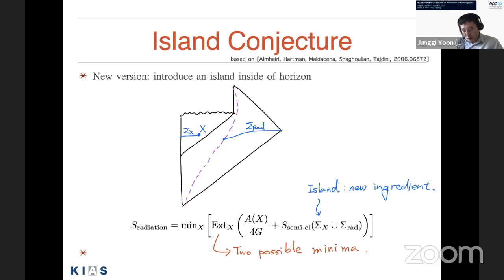The island conjecture proposes that this quantity, this quantum extremal surface, gives the correct entanglement entropy of the radiation.